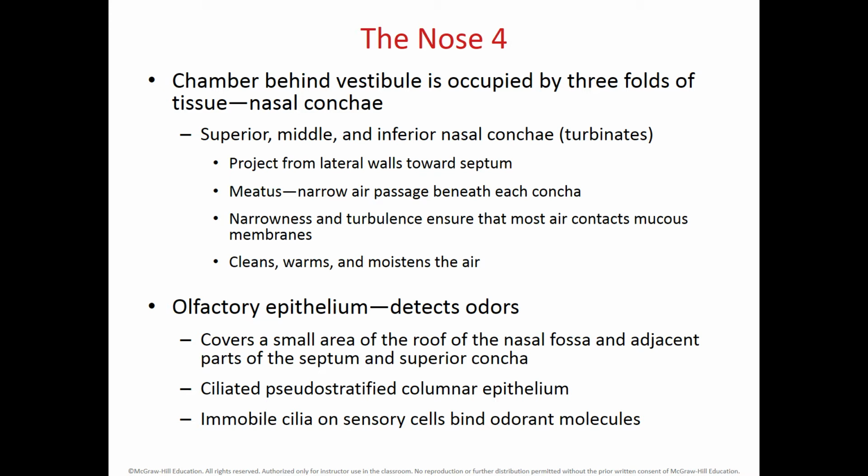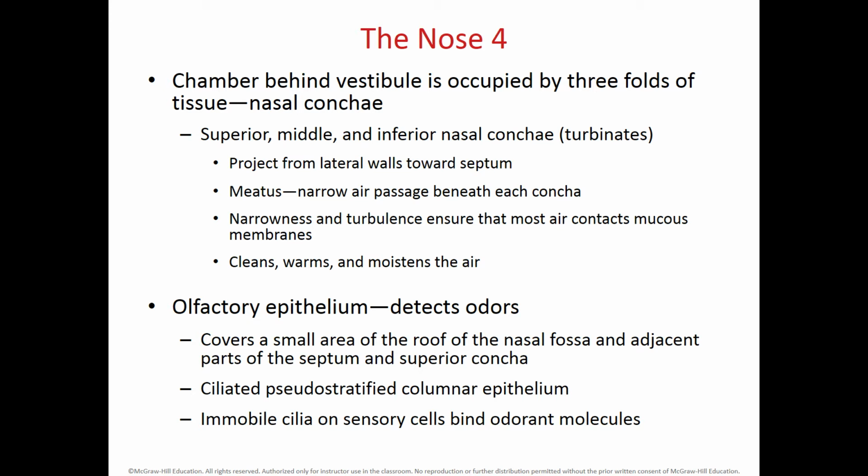Now, beneath these conchae, of which we have three, the superior, middle, and inferior, we have openings, or spaces, that we call meatuses. And within these meatuses, we have the drainage either from the paranasal sinuses or from the lacrimal duct.